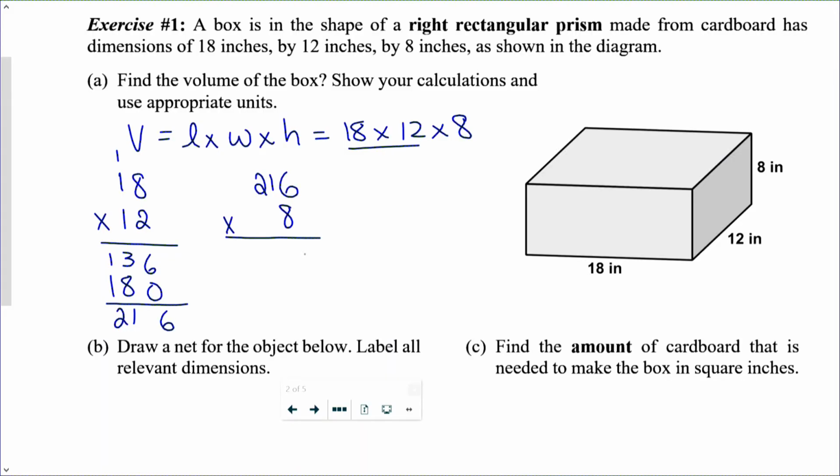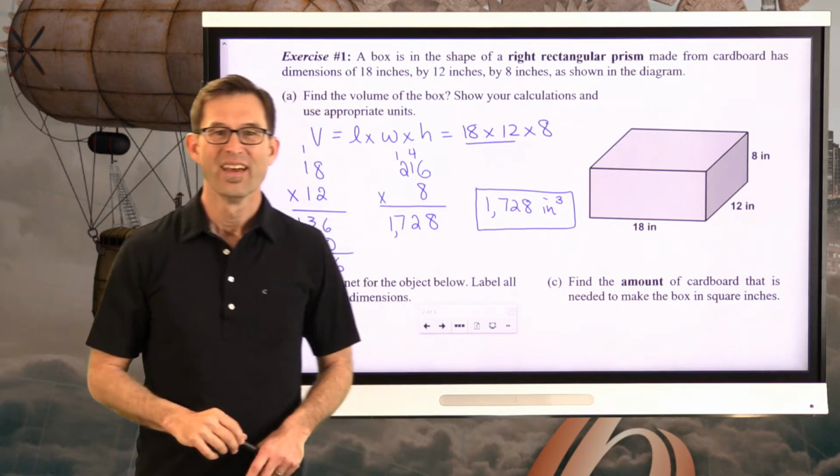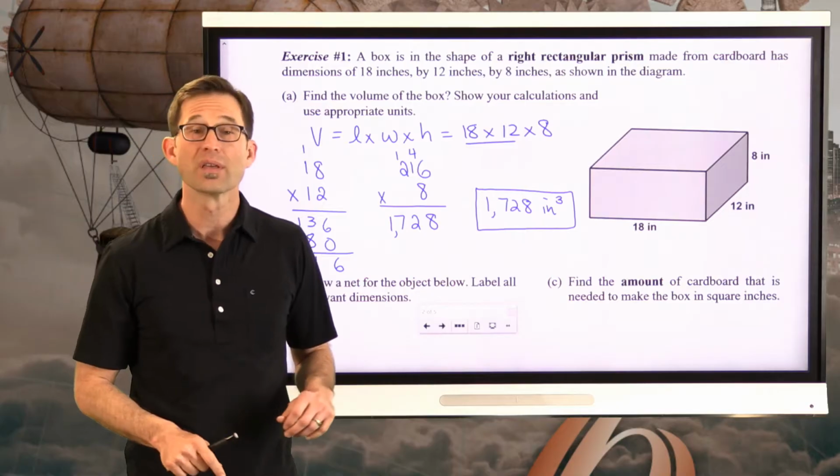So 8 times 6 is 48, 8 times 1 is 8, plus 4 is 12, 8 times 2 is 16, plus 1 is 17. So my final volume is 1,728 cubic inches.